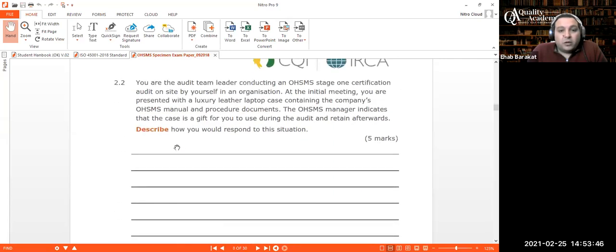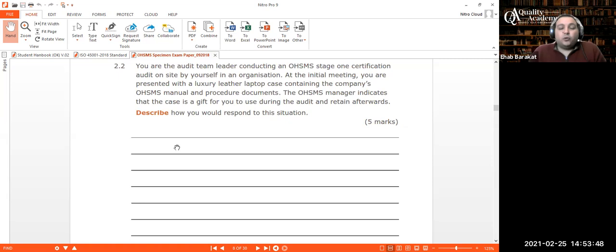Another example for the questions in section 2. You are the audit team leader conducting an OHSMS stage 1 certification audit, first stage, on site by yourself in an organization.